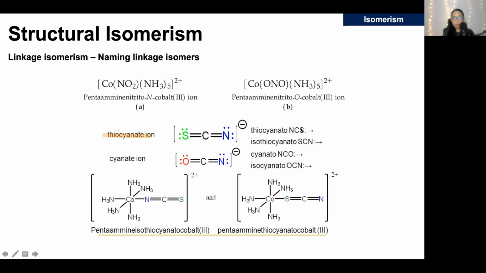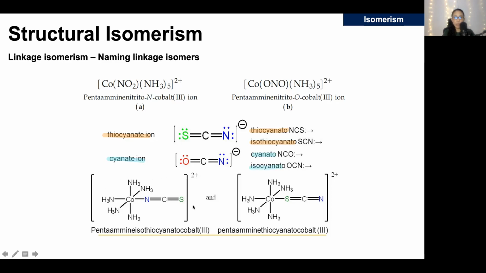If it bonds via the sulfur, then you use thiocyanato. But if it bonds via the nitrogen, you write isothiocyanato. Another monodentate ligand that can display linkage isomerism is cyanate, which is OCN minus. If it attaches via the oxygen, then the name is cyanato. If it attaches via the nitrogen, the name is isocyanato.